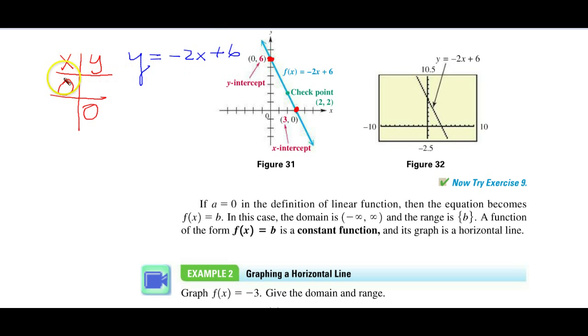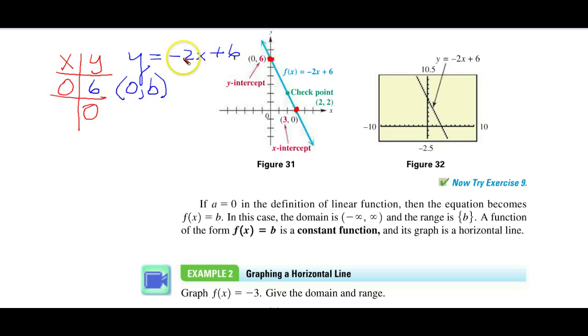So if our x value is 0, negative 2 times 0 is 0, our y-intercept is 6. And the standard way to write that is (0, b). That would be your y-intercept.